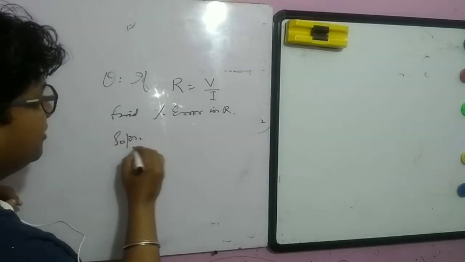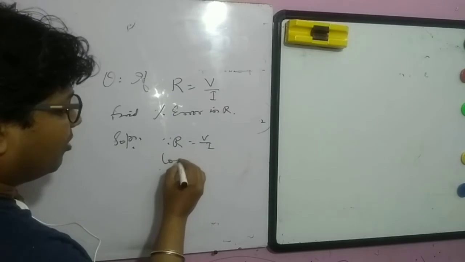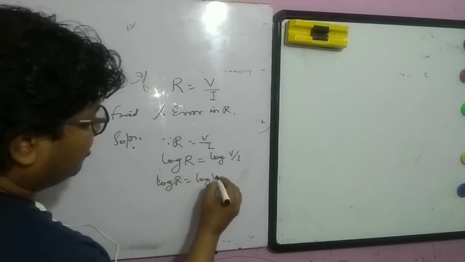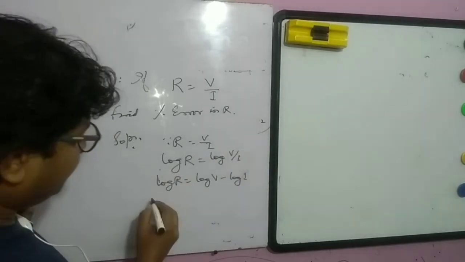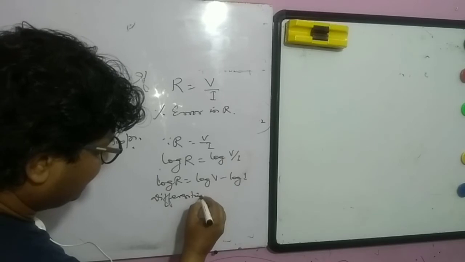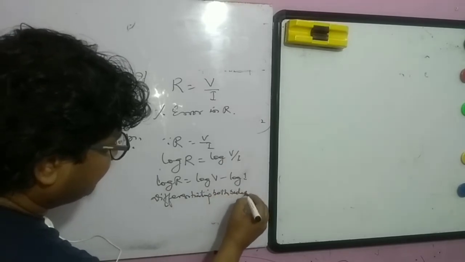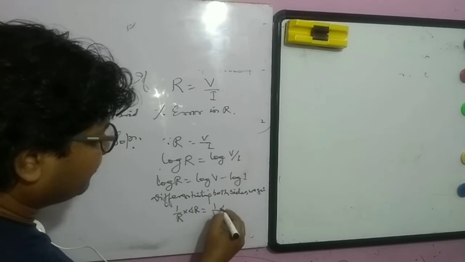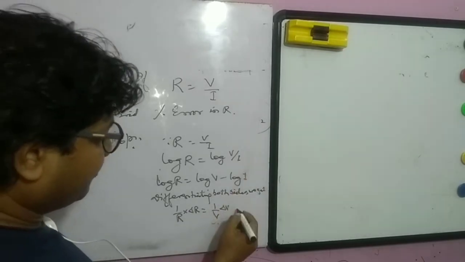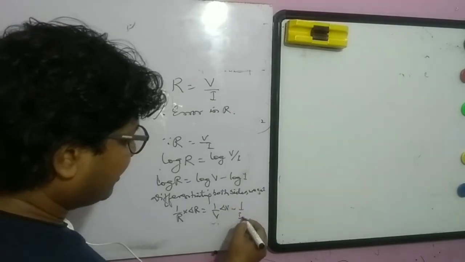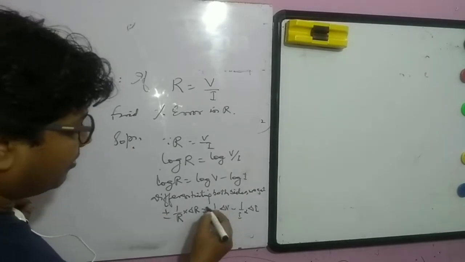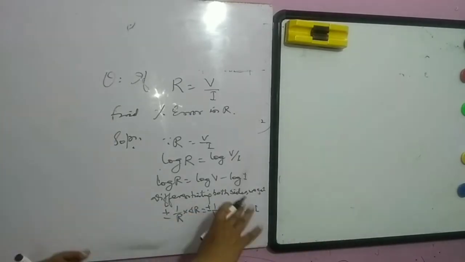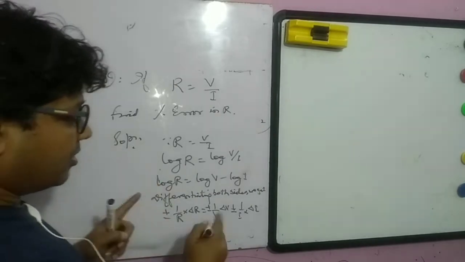Since R is equal to V by I, taking log on both sides, log R is equal to log V minus log I. Differentiating both sides, we get 1 by R into delta R equal to 1 by V delta V minus 1 by I delta I. When differentiating we can take positive or negative values, but you have to take only positive values.